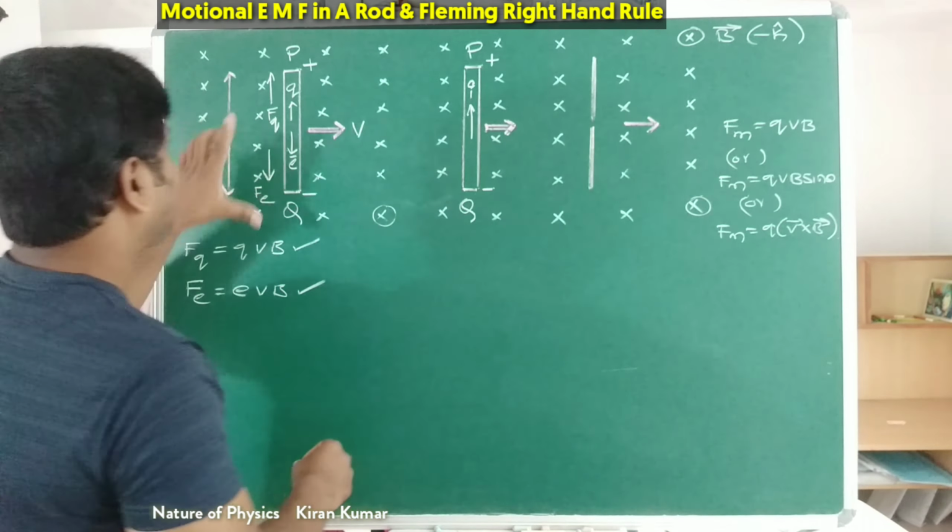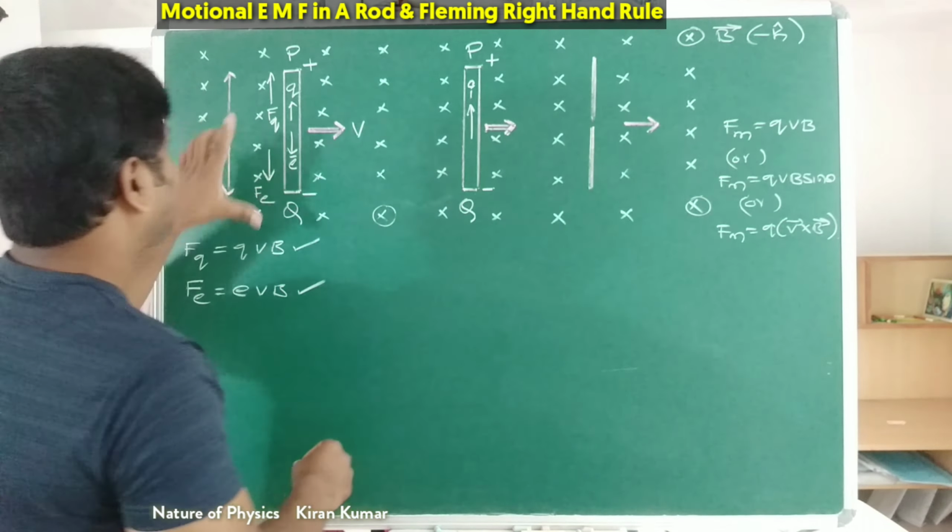Next, if the rod is moving across the magnetic field at an angle theta, the induced EMF is Bn into LV. What is Bn? Bn is the component of the magnetic field normal to the velocity V of the rod in a uniform magnetic field.